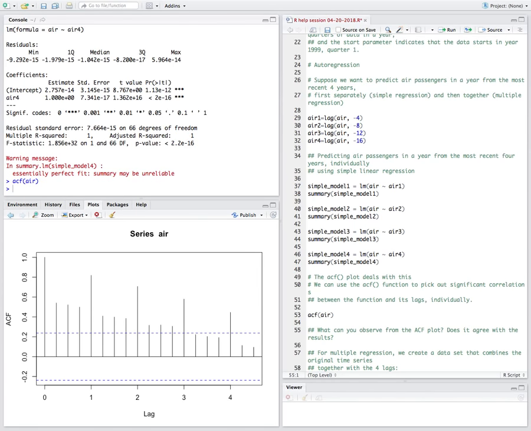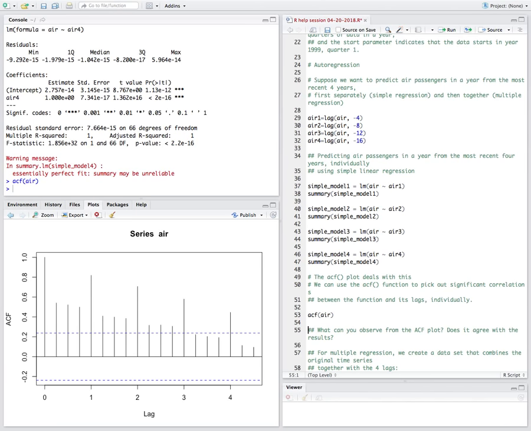What can you observe from the ACF plot? You can see that there are blue lines above and below the zero. This means that any spike that you see over here that's above the blue line or below the blue line is significant at a 5% significance level, right?